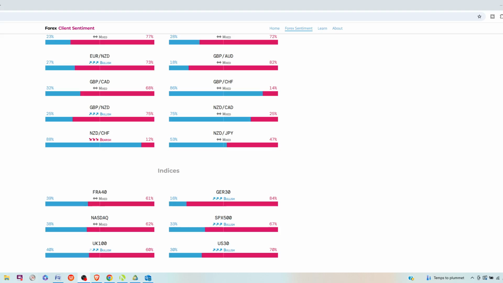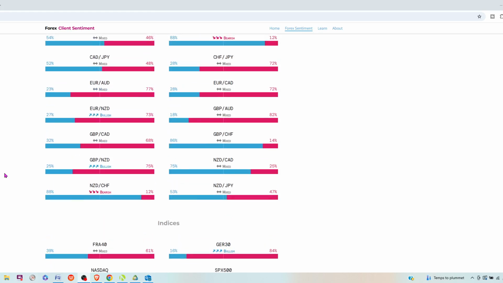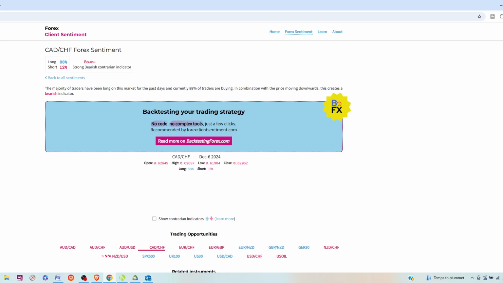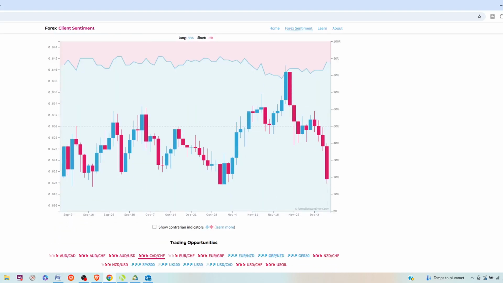So I want to just show you an example of why this does work often, not always, but often. Let's pick one that's really extreme right now. Let's look at the CAD Swiss. Actually, this is not a real great one here.